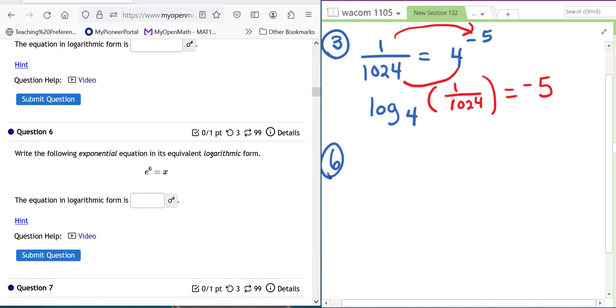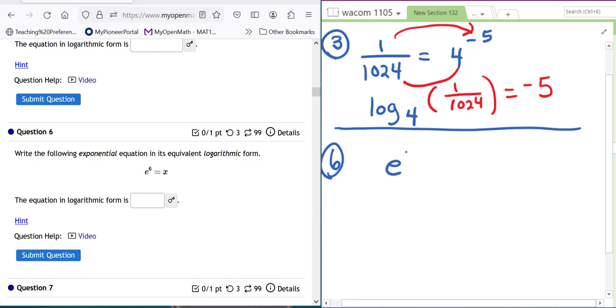All right. This one has E. When you have E, you're going to use a different logarithm form. You're going to use what's called the natural log, and its base is E. We use ln with it. We can write it the standard way with log, but then we will switch and put it the way it should be.